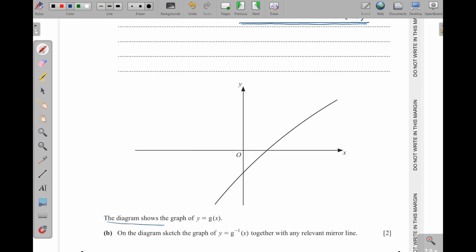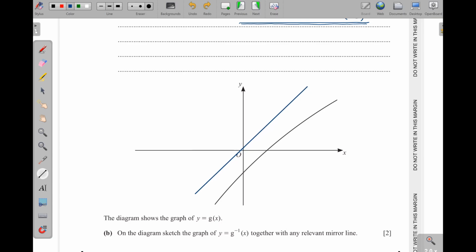Then here they are saying the diagram shows the graph of y is equal to g of x. On the diagram sketch, the graph of y is equal to g inverse of x together with any relevant mirror line. Remember when we are finding the equation of the inverse, we interchange x and y. Since we are interchanging x and y, what was x becomes the y, and what was y becomes the x.